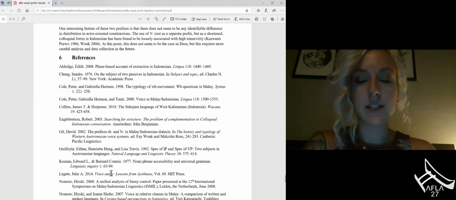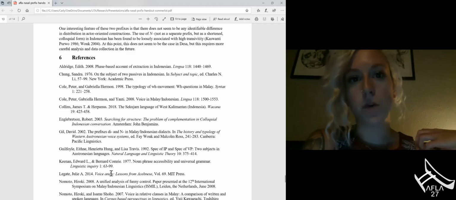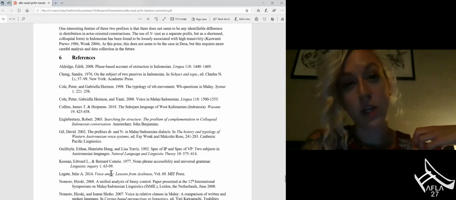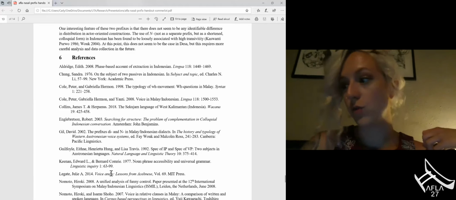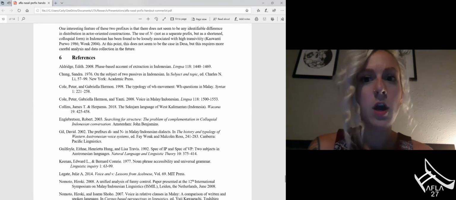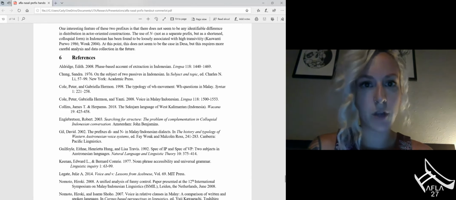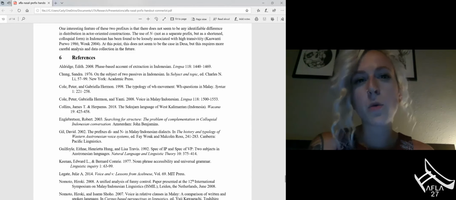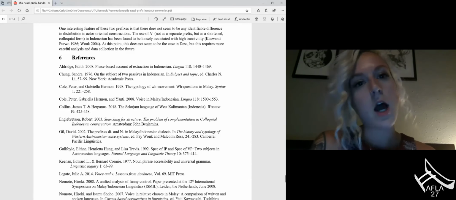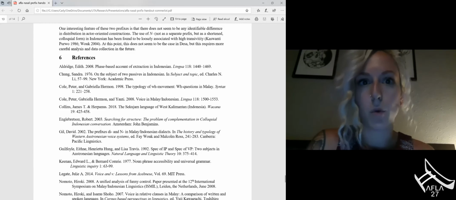I think that you would have to look at an in-depth analysis of what's happening in the object voice, maybe looking at how the actual agent is introduced and if it's introduced in a different way. And the object voice in general, as we saw from Hiroki's talk, often involves an analysis with ergative case and things like that. So I think there probably is a workaround. I'm not completely confident in how to do it yet, but I think that's a great point.